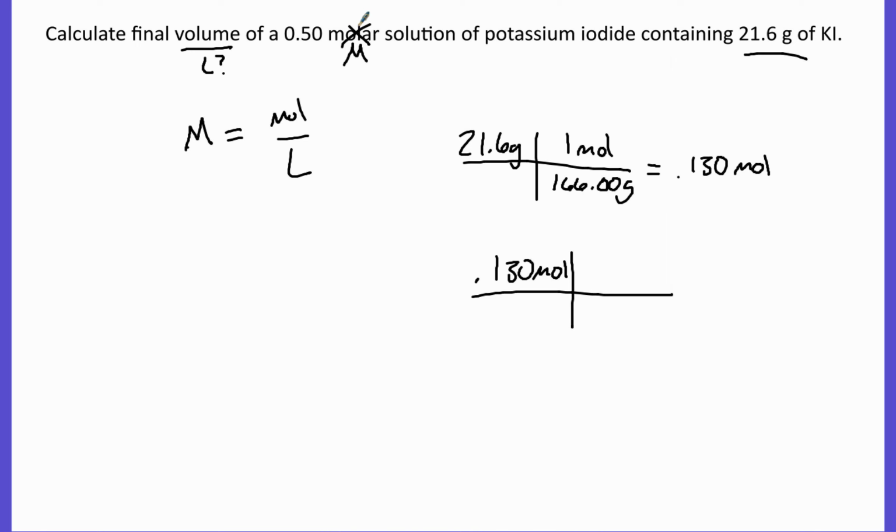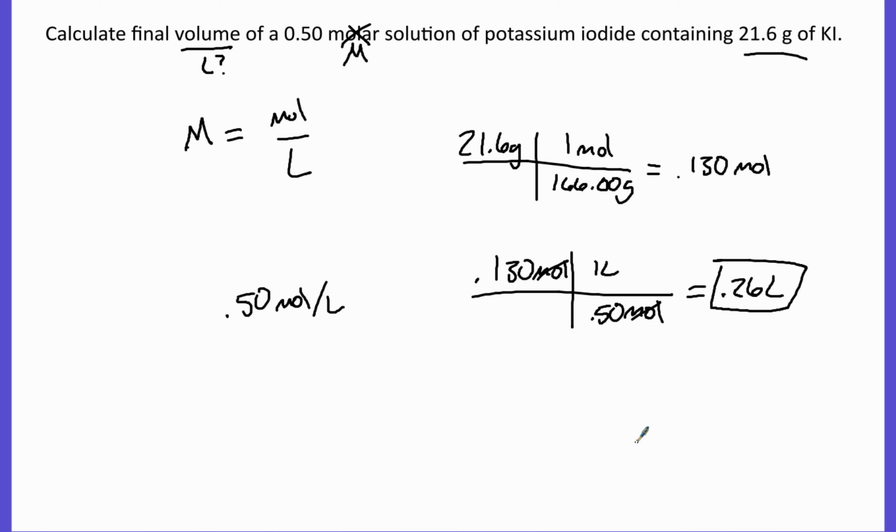I prefer to think of this thing up here as not being a big M label, but I'd like that 0.50 to be moles per liter, a complex label, because then I can use it as a conversion factor, because then it means literally 1 liter of that stuff will have 0.50 moles in it. So if I divide by that 0.50, I'll get my answer. In this case, the answer is 0.26 liters, right? And I'm just rounding to sig figs because it says 0.50 for my molarity. So I can only have 2 sig figs in my answer.